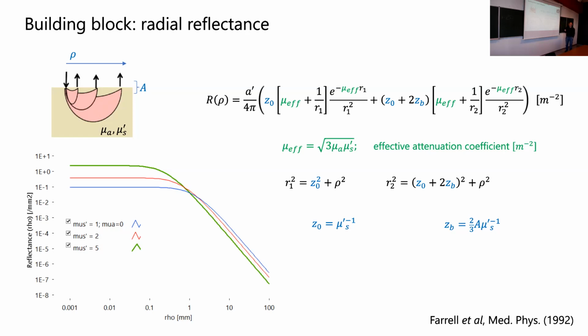It contains the absorption coefficient here, and it contains the reduced scattering coefficient. Do you remember what the reduced scattering coefficient is? It's been a long time, so I don't blame you if you don't. That was mu s prime. That's the scattering coefficient itself times 1 minus the anisotropy. So that goes in there.